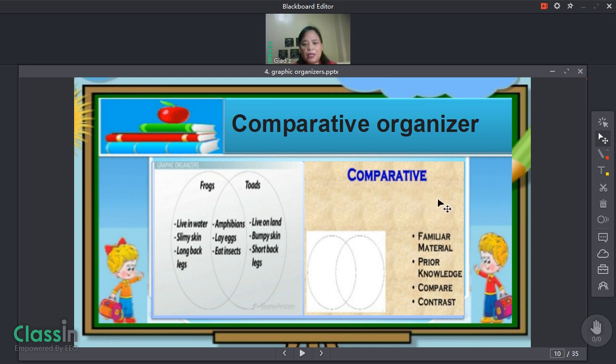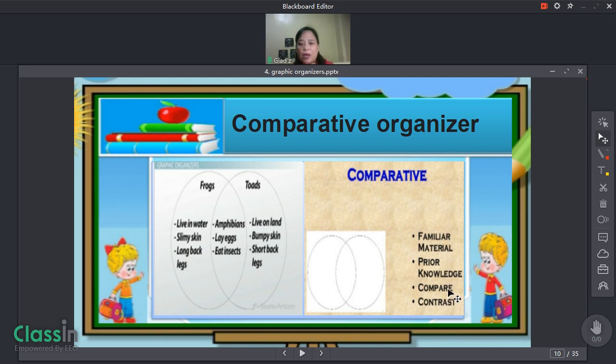A comparative organizer is also used with familiar material. For example, we have the old concept or old views that we know already, our prior knowledge, and then compare and contrast.